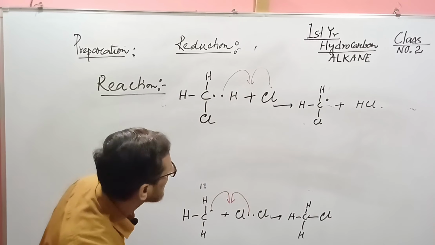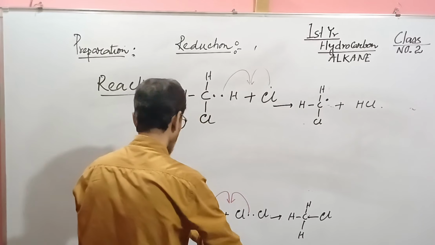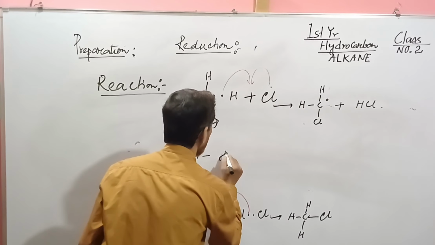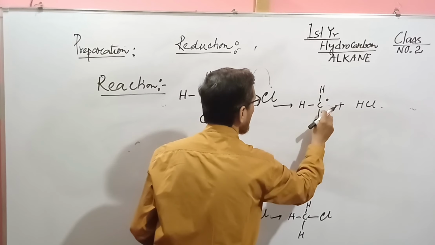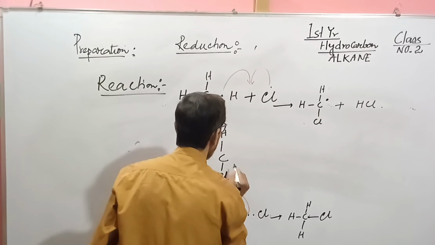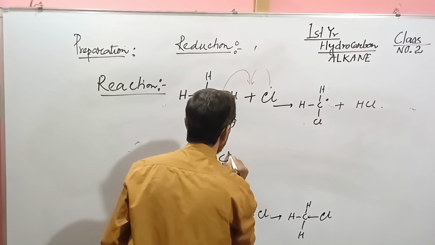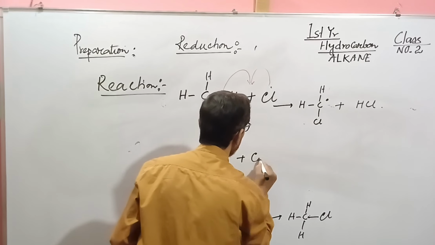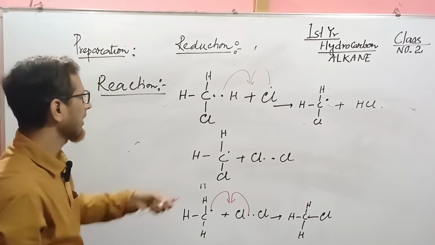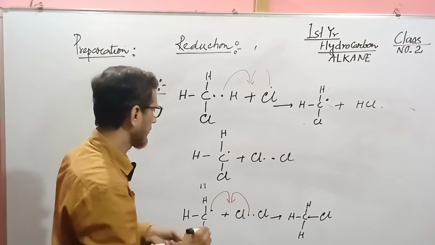So what has happened in the next step? In the next step, HC, there is already a free radical. This is a free radical plus. Am I right? Free radical, then with a molecule.